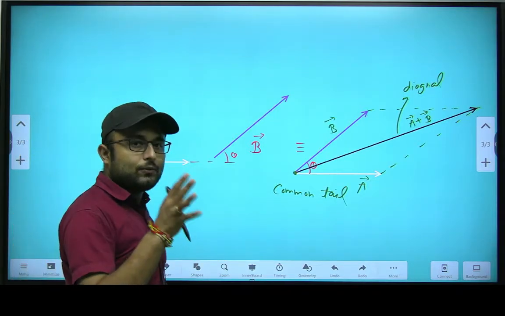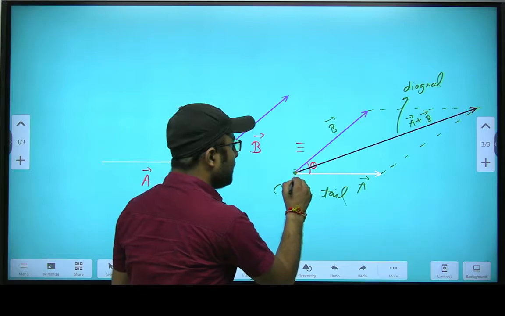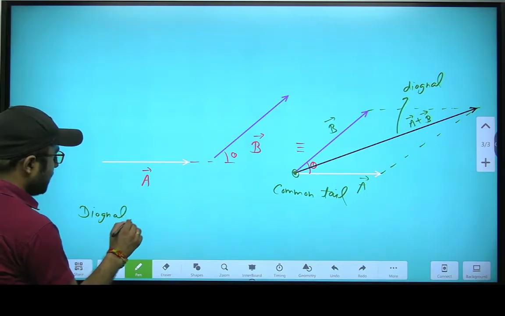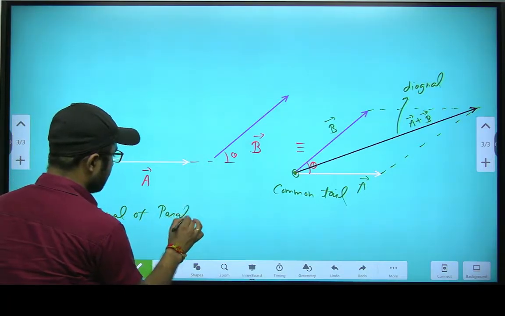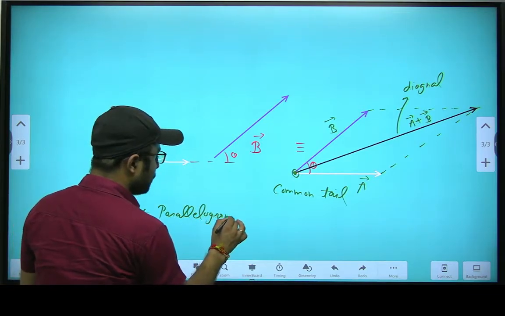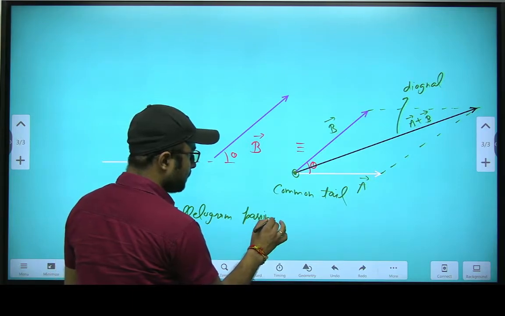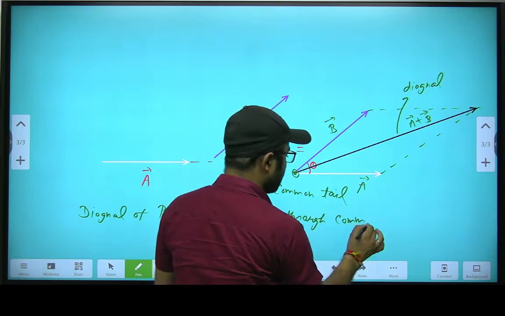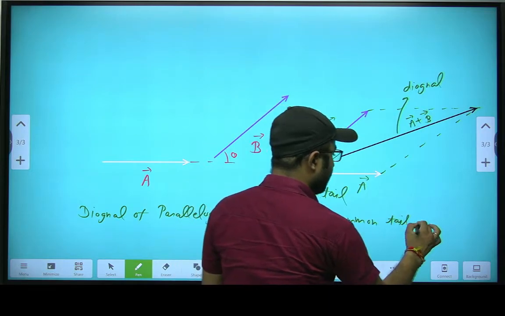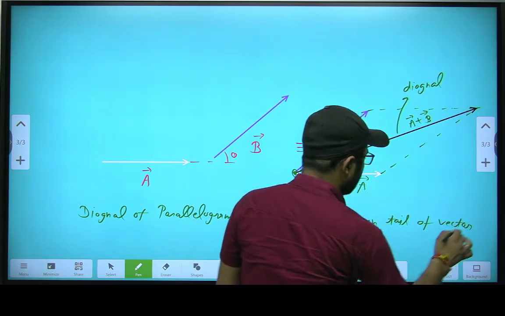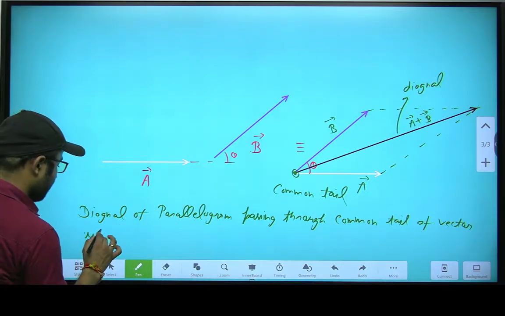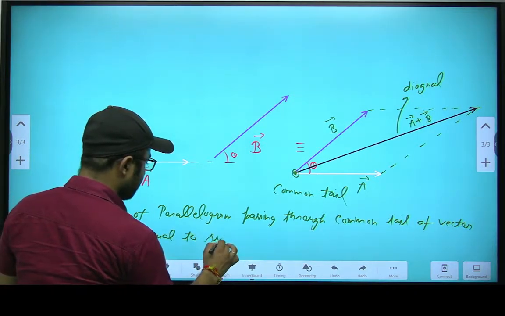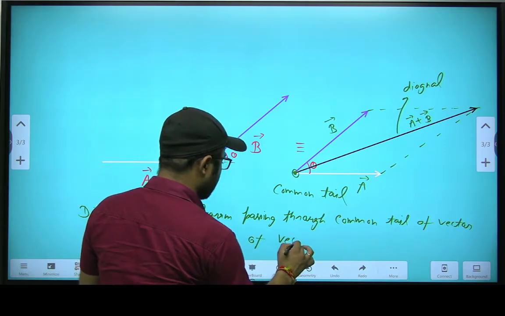So the diagonal of the parallelogram passing through the common tail of the vectors will be equal to the sum of the vectors.